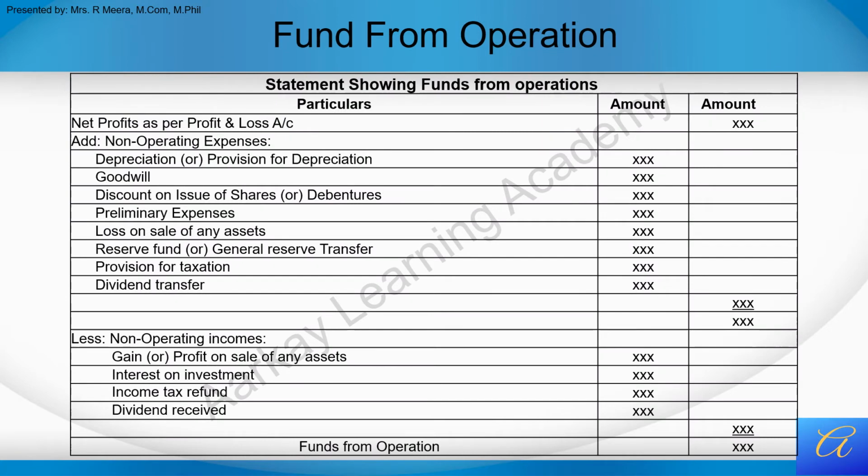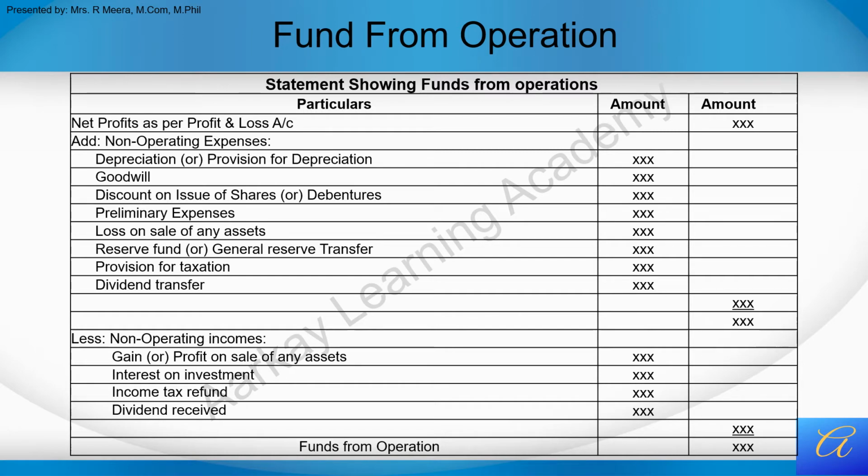and this is the statement form of preparing funds from operation. See, this starts with the net profit as per the profit and loss account. Now we have to add all the non-operating expenses as I explained before.